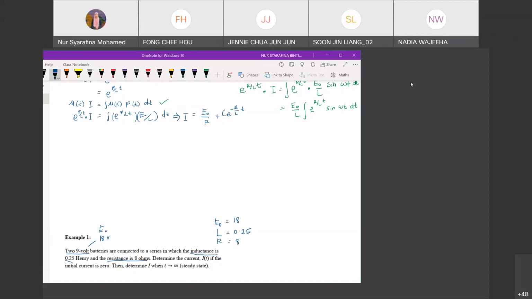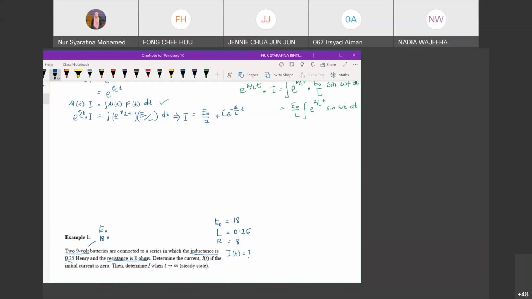Determine the current I(t) if the initial current is 0. What is the meaning of initial current is 0? We want to find I(t), and the given condition is that the initial current is 0. What is the meaning of this?